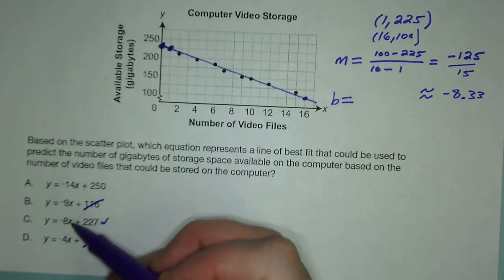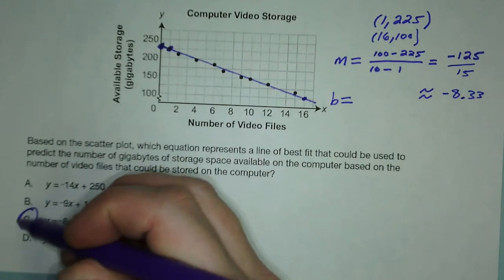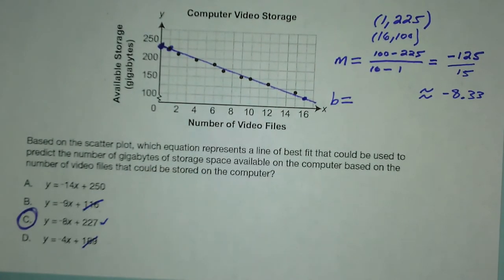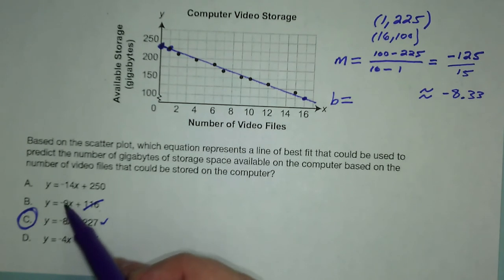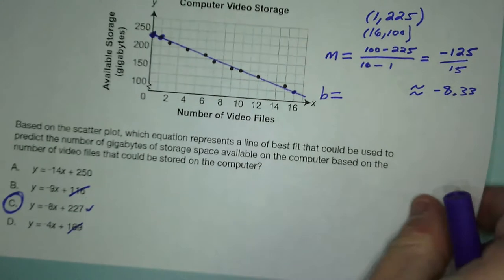It's just more assurance that the bestest answer has got to be C. Not only does it have the best looking B value, but it has the best looking slope value. The only other slope value that looks pretty good is negative 9, but there's no way 116. So C.